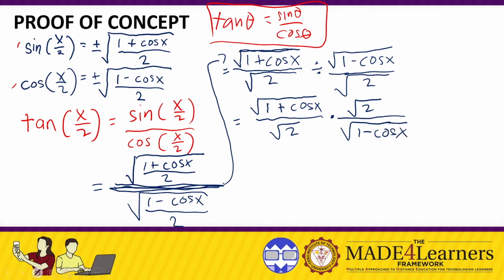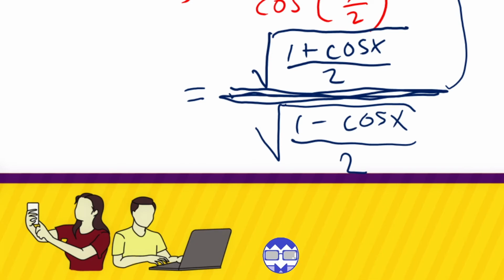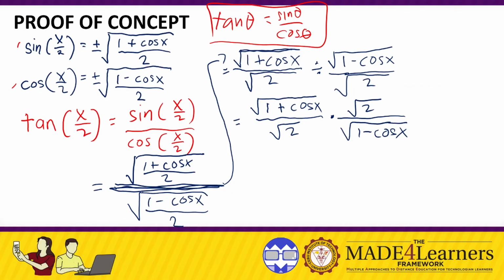And obviously we can see we can cancel square root of 2, and we can combine.